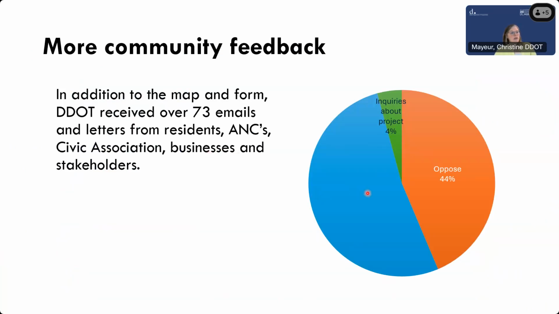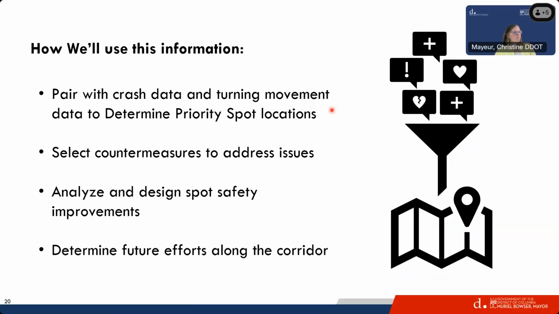From the letters that we got, about half of them were supportive of the project and safety improvements. About 44% were opposed, and then about 4% were just questions about the project.